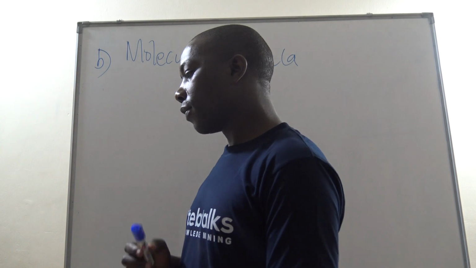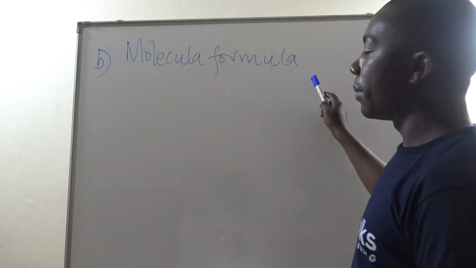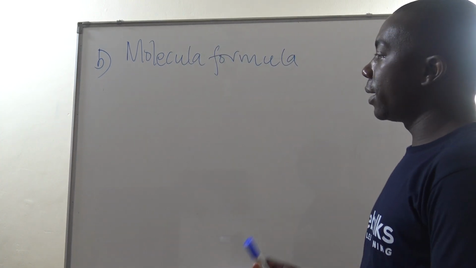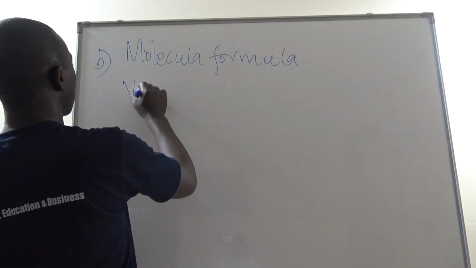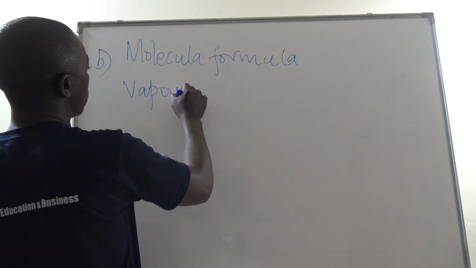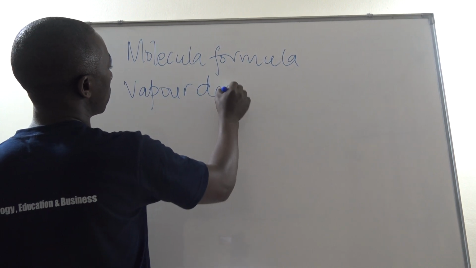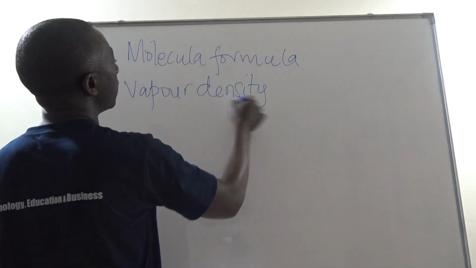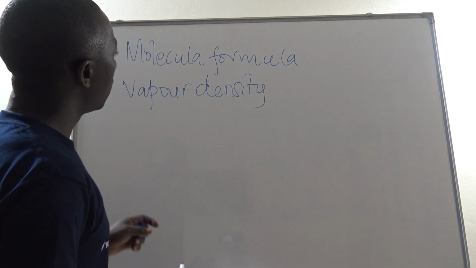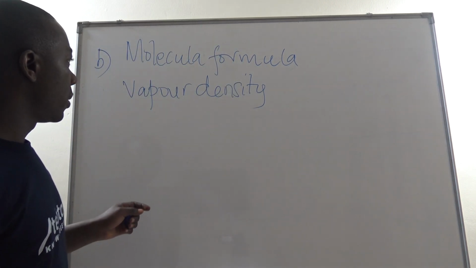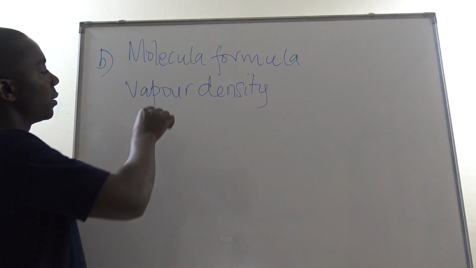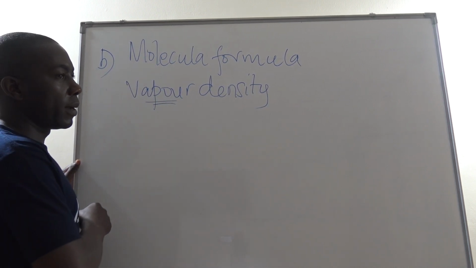But unfortunately, the question doesn't give us the molecular mass. Luckily enough, it gave us the vapor density. To have the molecular formula, you must have the molecular mass, but only the vapor density is given.